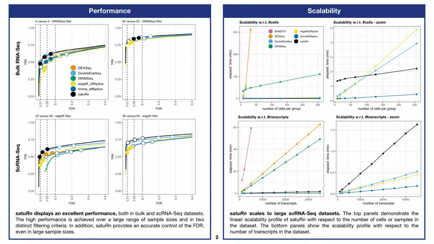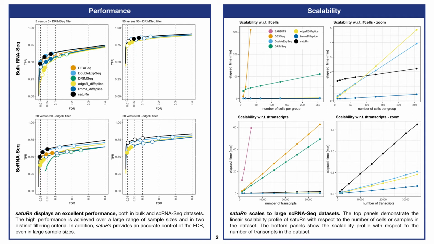The circles are filled if the empirical or observed FDR is equal or below the imposed FDR threshold. From these points, we can see that satuRn provides stringent control of the FDR in all 4 benchmarks, whereas other DTU methods such as DEXSeq become increasingly liberal with increasing sample sizes.